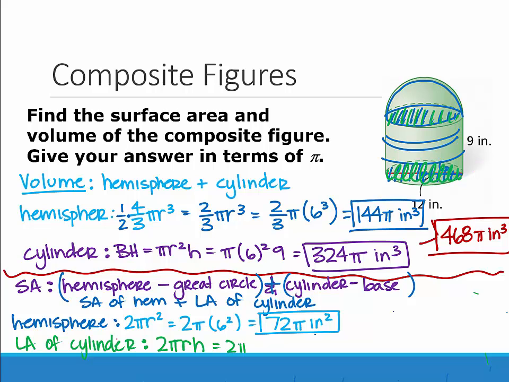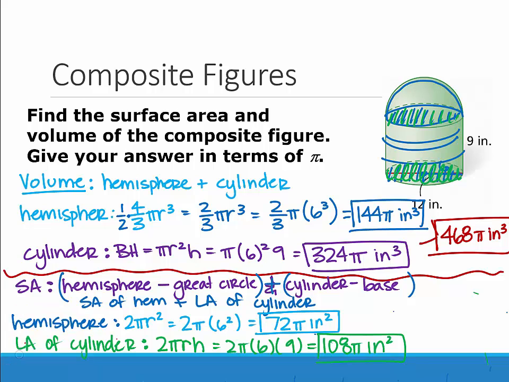So 2 pi times the radius, which is 6, times the height, which is 9. 2 times 6 is 12, and 12 times 9 is 108 pi inches squared. Then all I have to do is add these together.